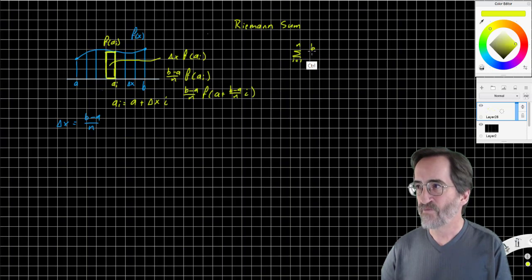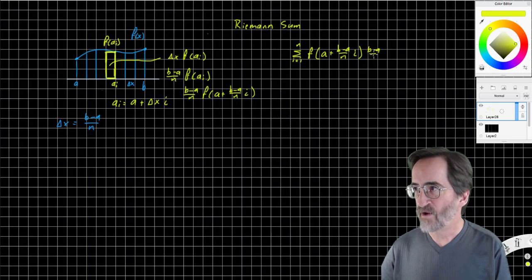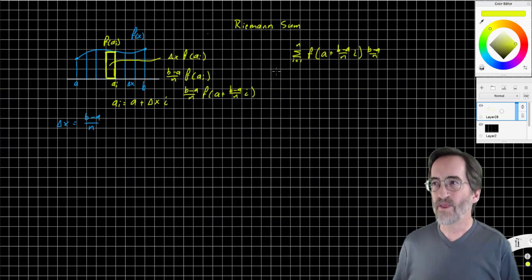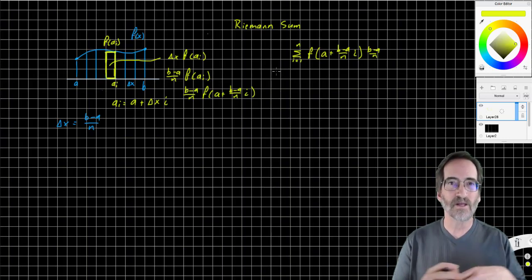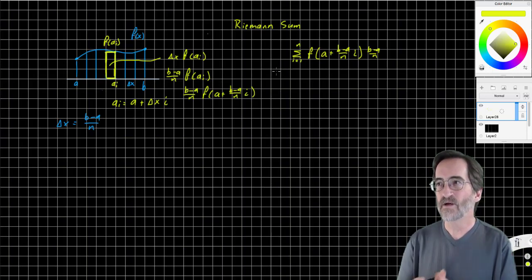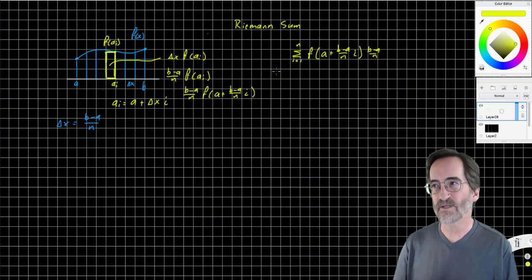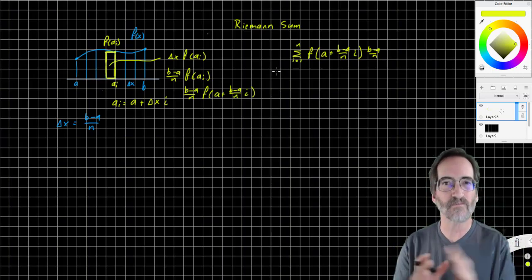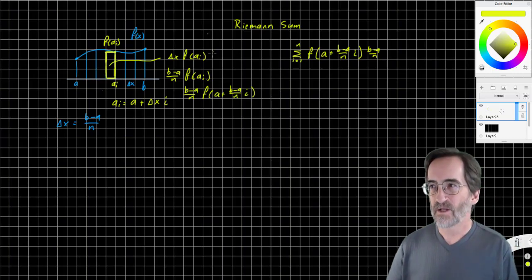And that's fine. f of a plus (b minus a) over n times i, times (b minus a) over n. Okay, and that would give me the summation of any number. If I let n be 50, then I would be dividing it into 50 bins. If I let n equal 100, I'd be dividing it into 100 bins. Okay, in the diagram I divided it into 7 bins.